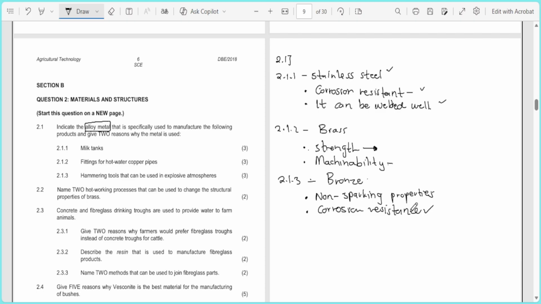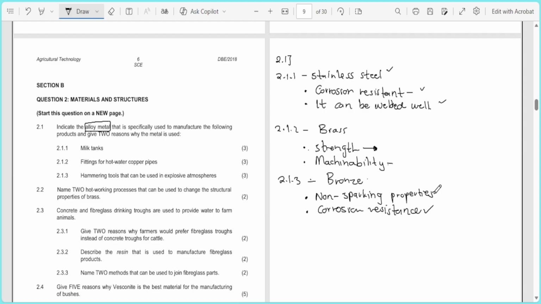Okay, so the non-sparking properties provide us with prevention of ignition of flammable gases. If this thing was sparkable, it could actually cause explosions if it was next to flammable gases, vapors, or dust found in grain silos or fuel storage environments.